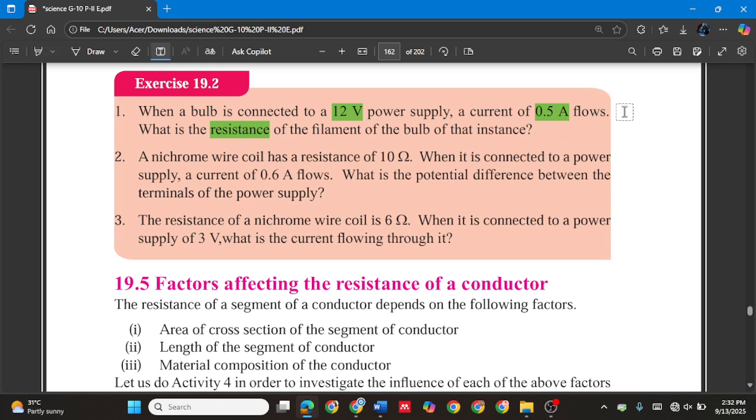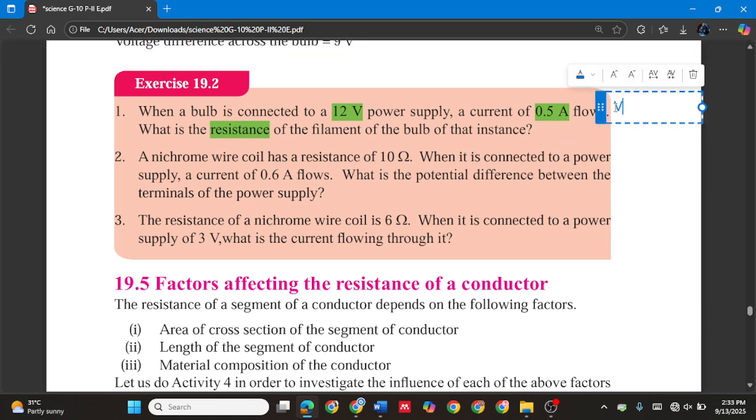What you have to do is just write V equals IR, V is 12, I is 0.5, multiplied by R. So R equals 12 over 0.5, which is half, so it becomes 24.